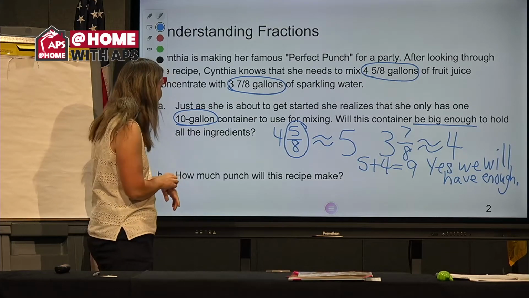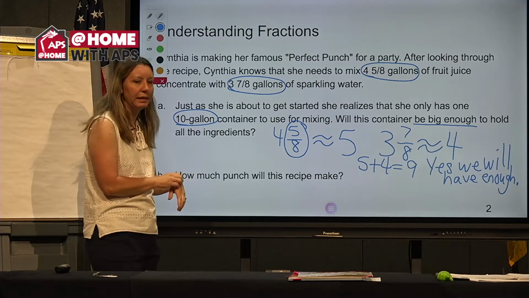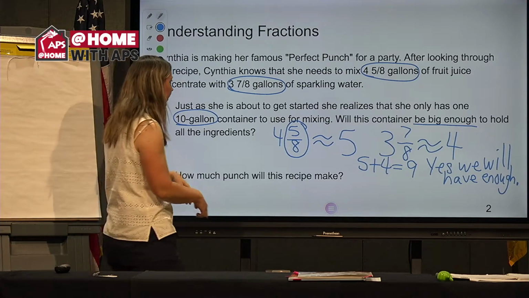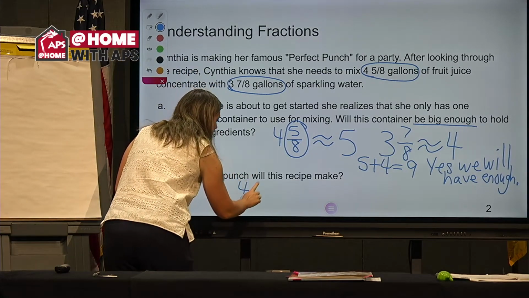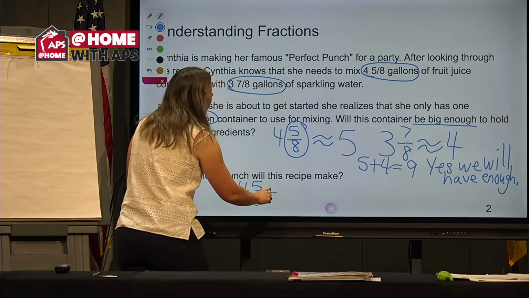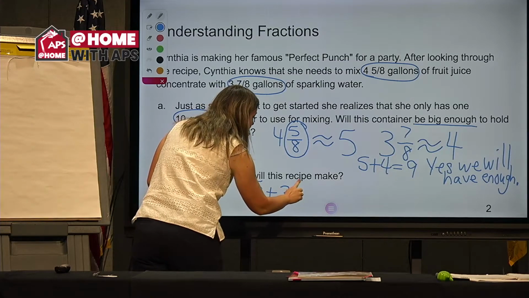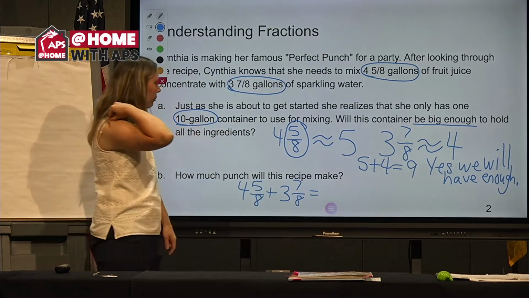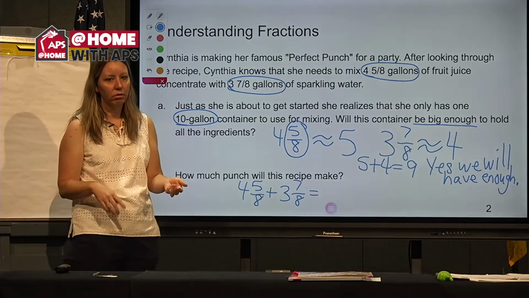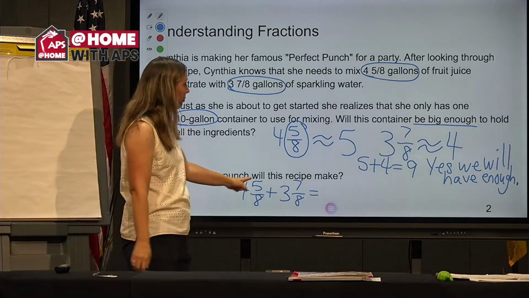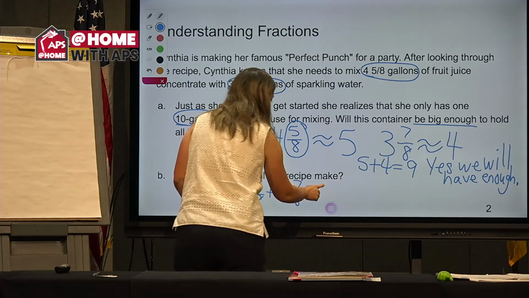Our next question says, how much punch will this recipe make? Oh, now we got to do some math here. So I have 4 and 5/8 plus 3 and 7/8. What does that equal? Well, I'm one of those ones where I like the whole numbers because it's easy, so I add those first. 4 plus 3 is 7.